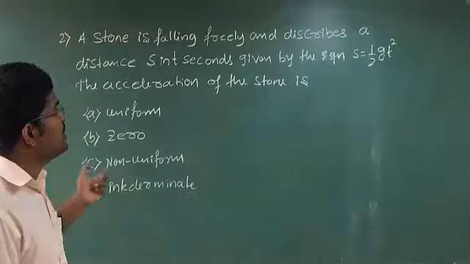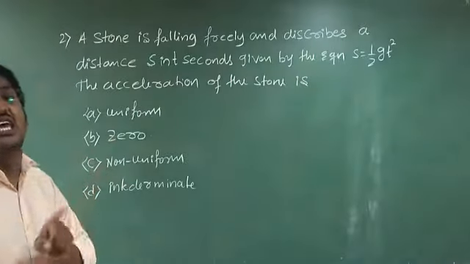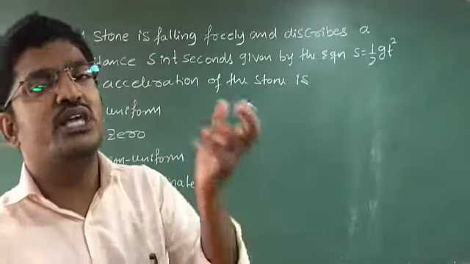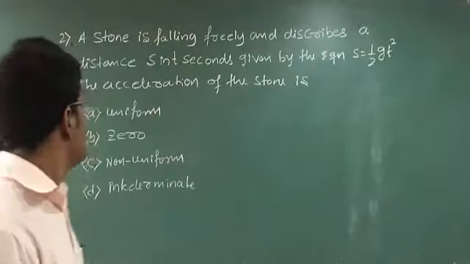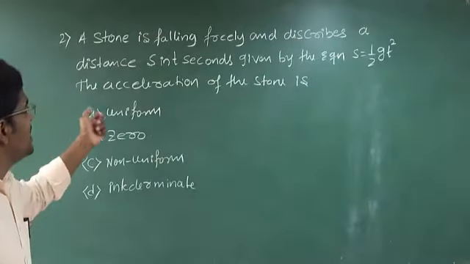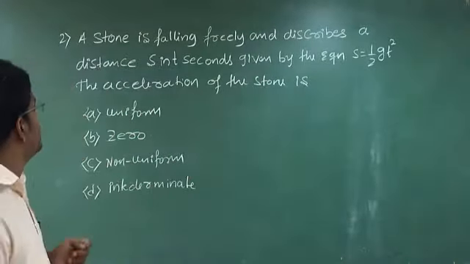Clear? So they have given the equation of displacement in t. That means the equation of displacement is described with the variable t, where t means time. So distance s in t seconds is given by the equation s equal to half g t square.